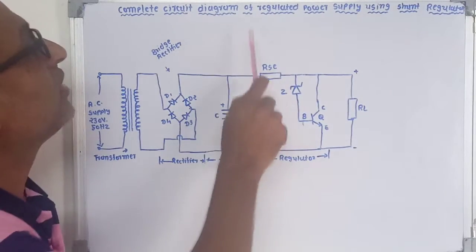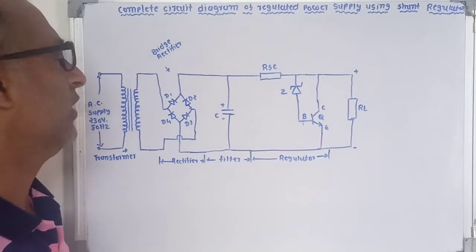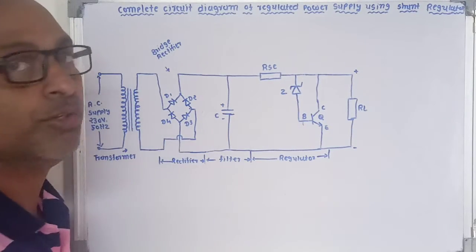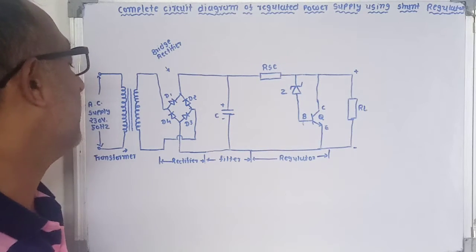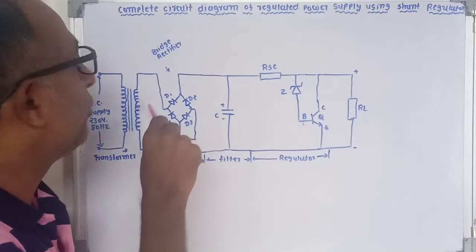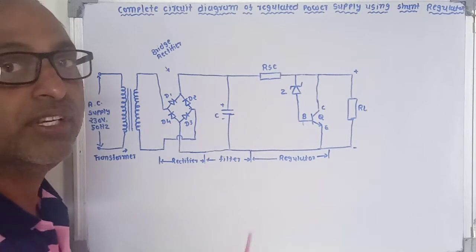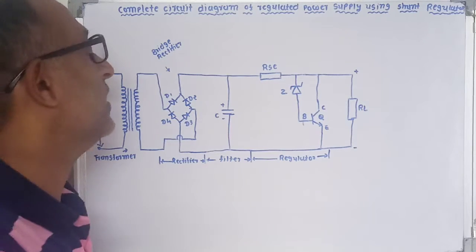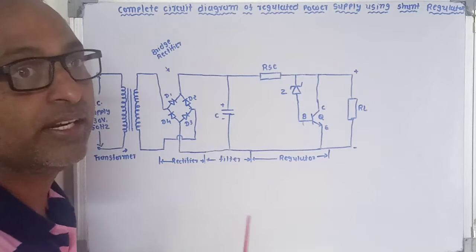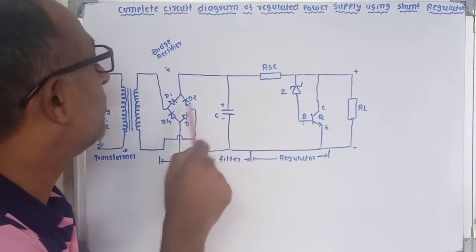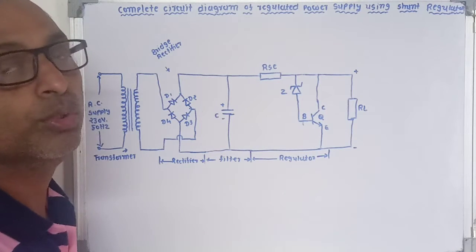Complete circuit diagram of regulated power supply using shunt regulator. Here the transformer is used to step up or step down the voltage as per our requirement. The output of this transformer is given to the bridge rectifier, which converts AC supply into DC supply. Then a capacitor is connected in parallel with the output of this rectifier, which converts pulsating DC into smooth DC.